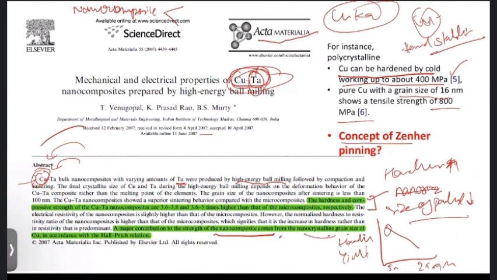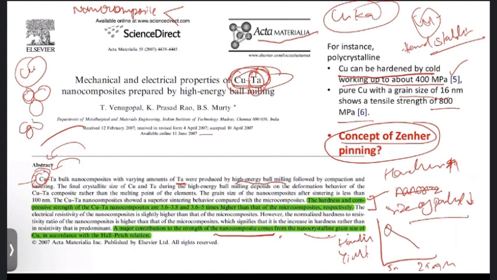And how does the concept of Zener pinning come in here? Zener pinning comes when we use ball milling. Here copper particles have been broken down into smaller, irregular particles.